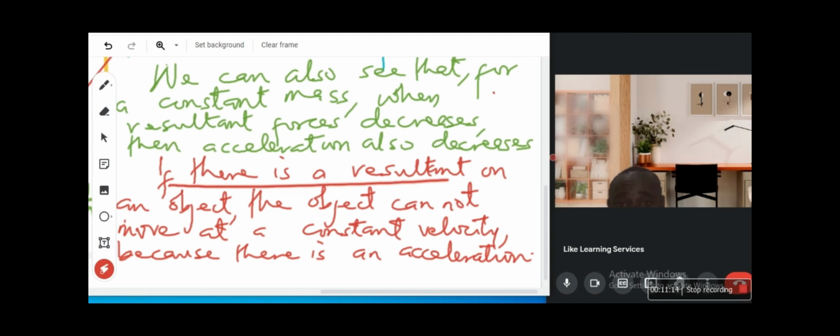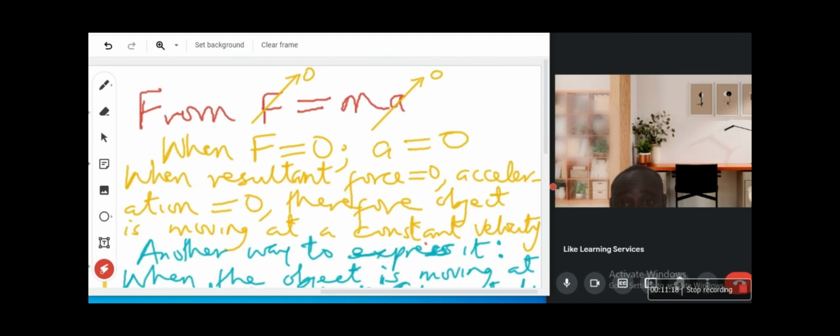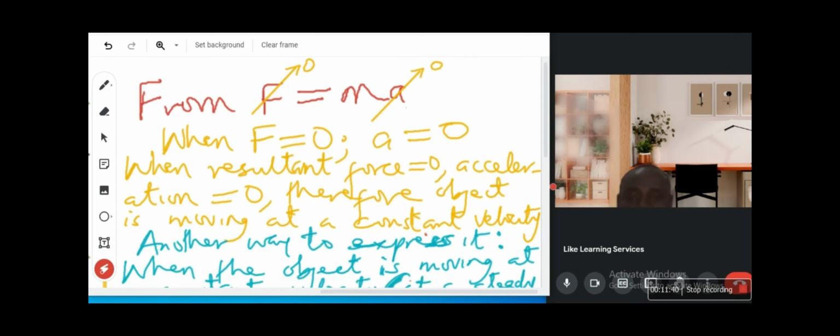So once we have a resultant force, there has to be an acceleration. Based on this formula, if a resultant force has a value not equal to 0, there must be an acceleration, because mass has to multiply with something which must not be 0 to obtain a value which is not 0. So the object cannot move at a constant speed.